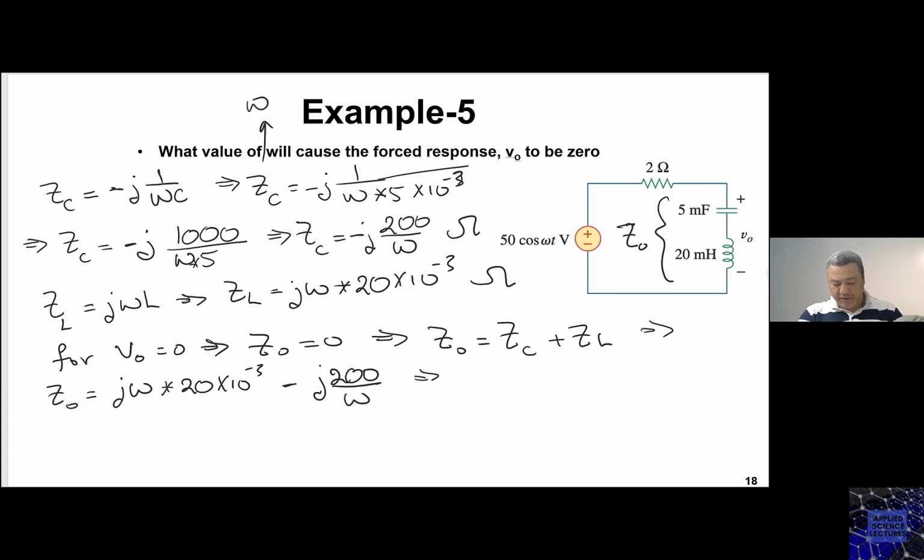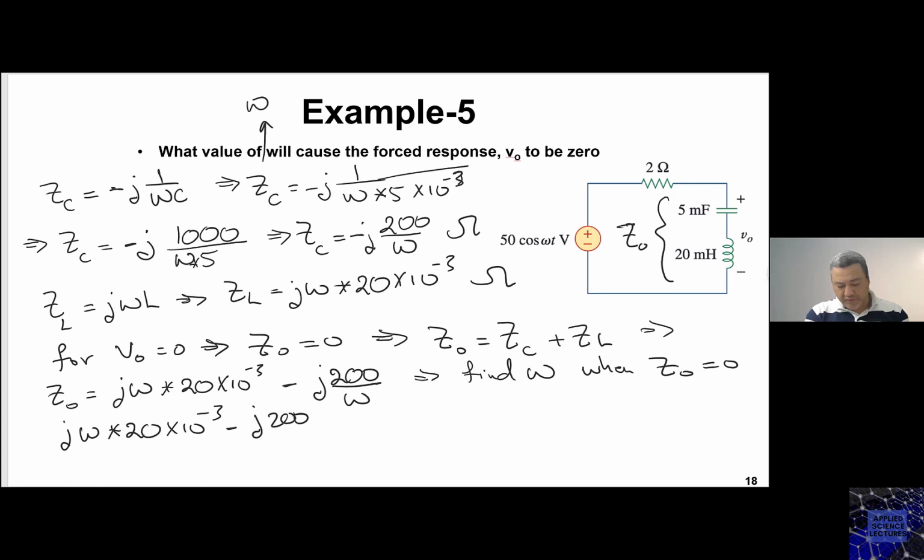I need to find omega when Z naught is 0. So in this case, I have J omega 20 to the power minus 3 minus J 200 over omega equals 0, right?